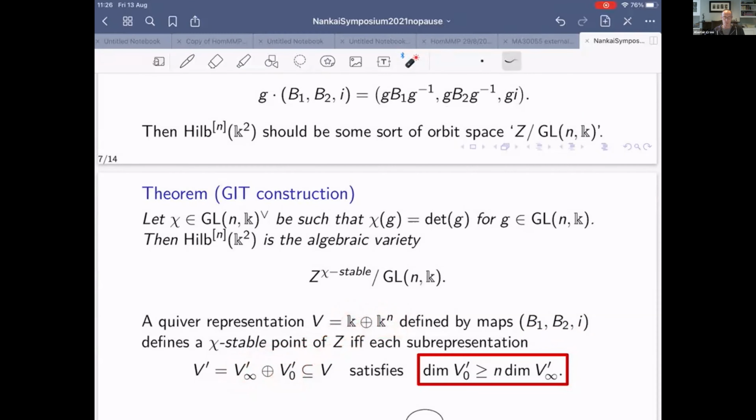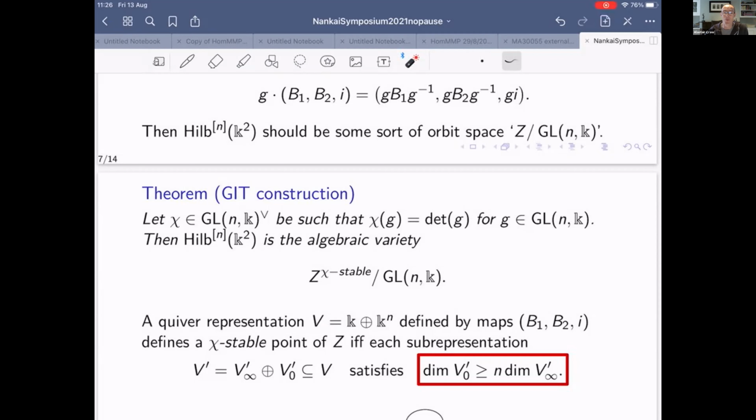So that's the notion of sub-representation. And the condition, which was first written down in this context by Alastair King, says that V itself is going to be stable, allowed in our club, precisely when this condition that I put in a red box is satisfied.